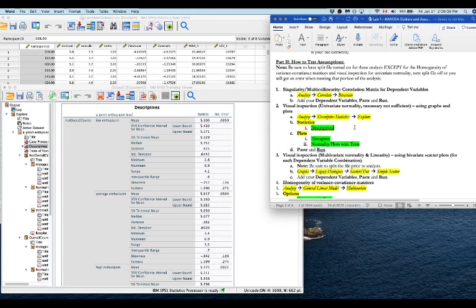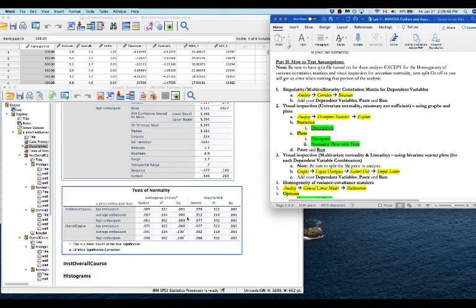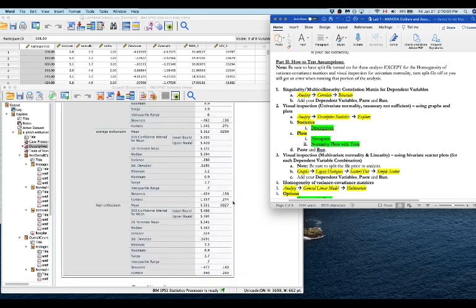You'd also want to look at the histogram and the normality plots with tests, which is what we also did, though I skimmed over it. So looking at this, specific to what we're doing right now, something that you might want to look at is these means.